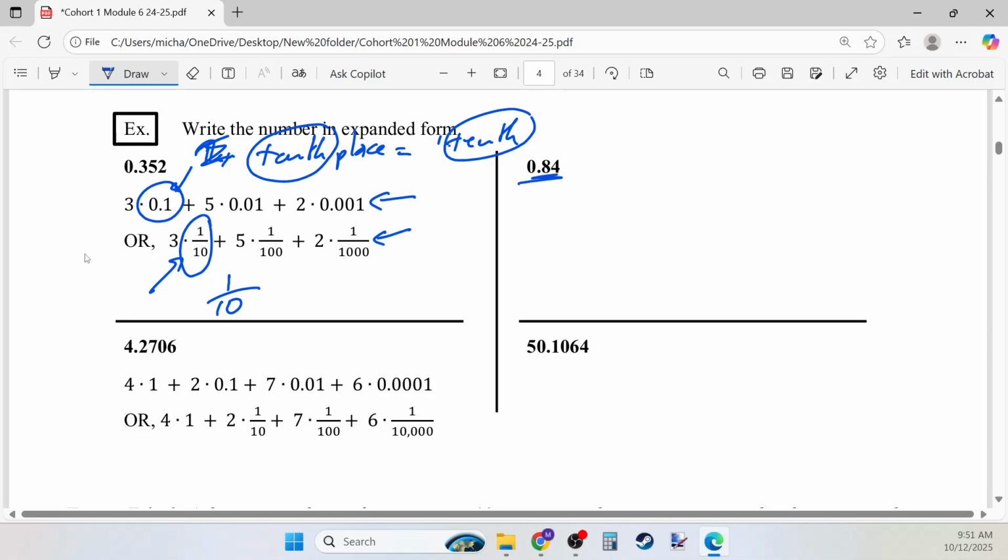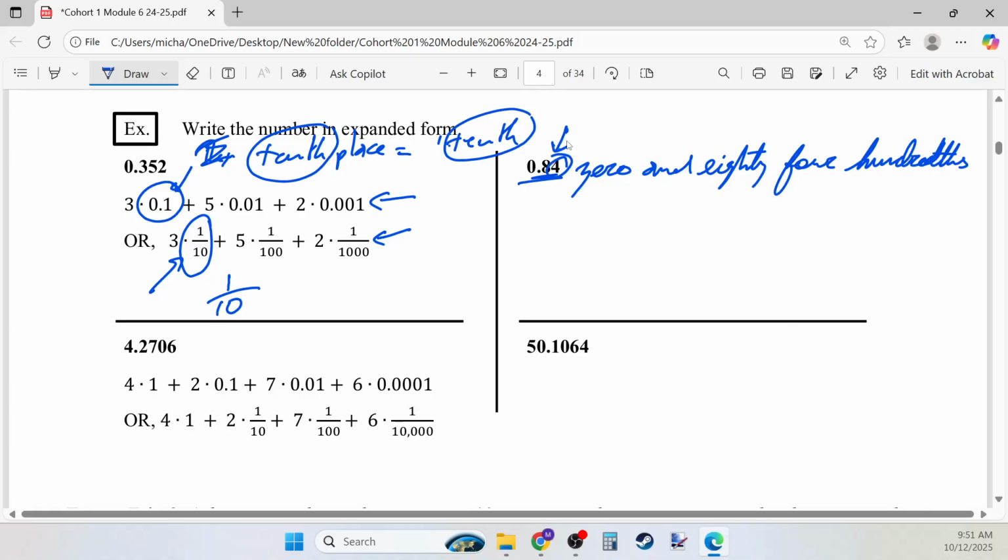So let's do this one. Here, if you want to write the 0, you can. If you do that, it would be 0 and 84 hundredths. The reason it's that way is because the least significant digit is 4 here.